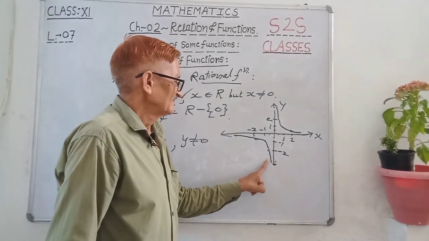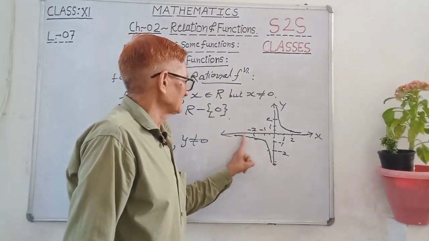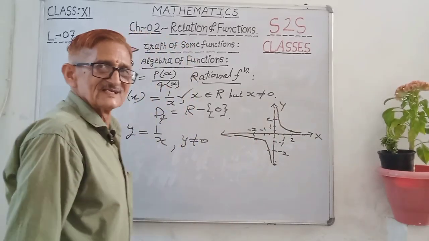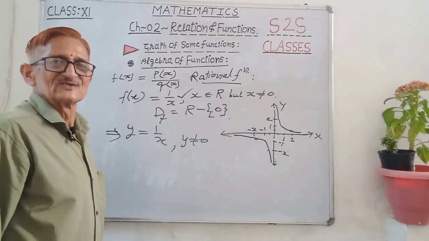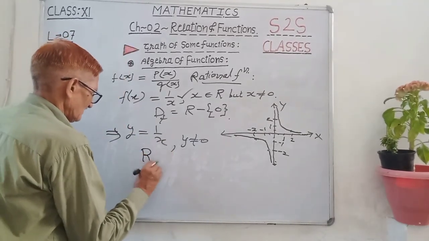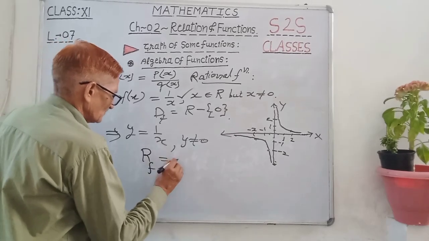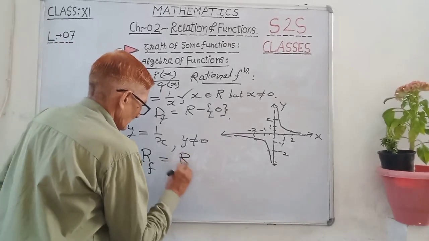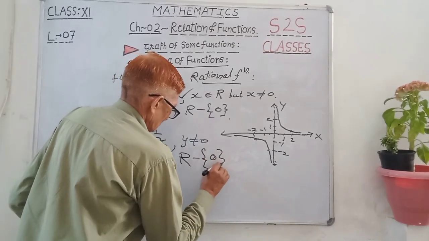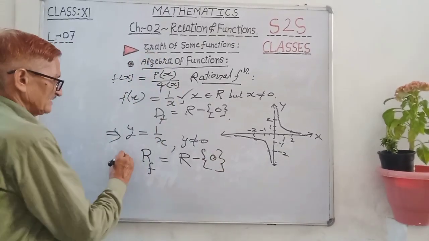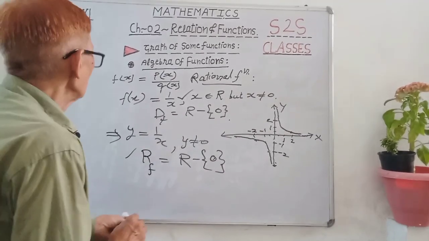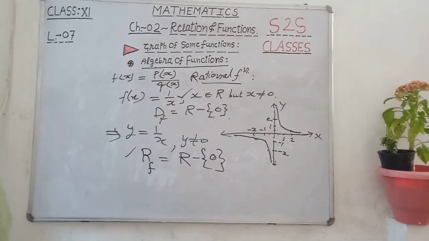That is, it does not touch the x-axis and does not touch the y-axis. x is also not 0, y is also not 0, all others are allowed. So the range of this function is also the real numbers minus the element 0. Okay, so range also the same, domain also this, except 0. So this is the graph of the rational function.